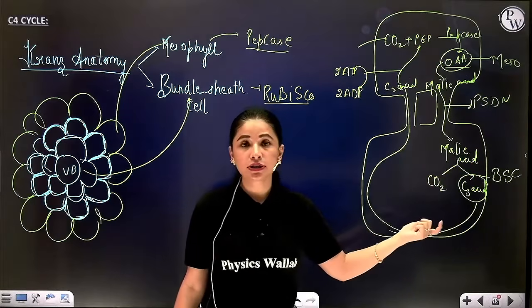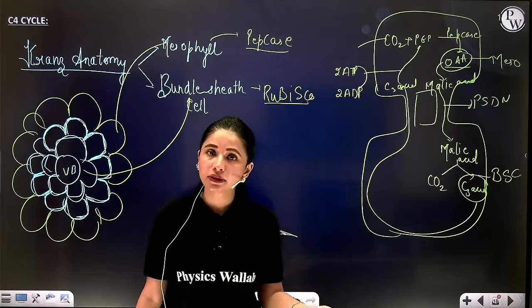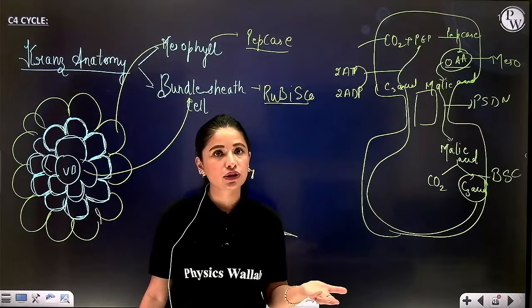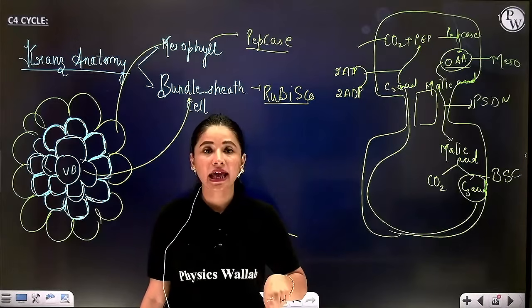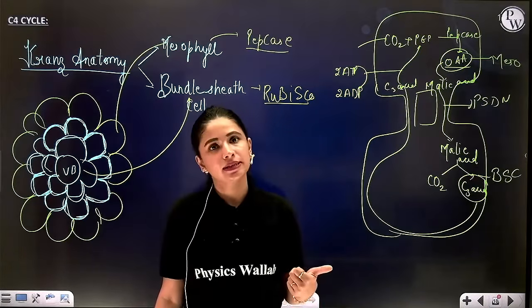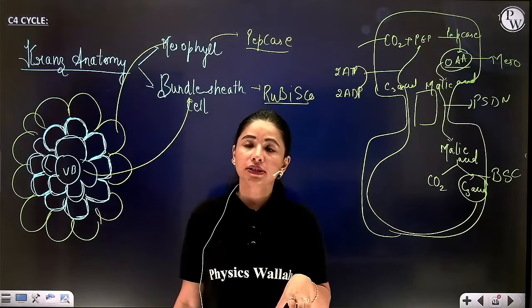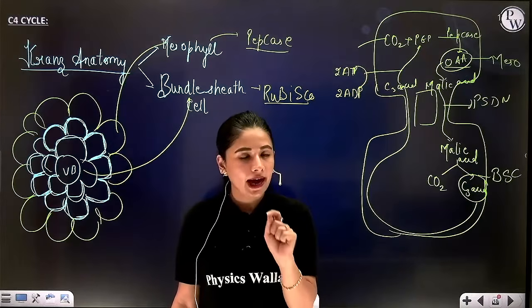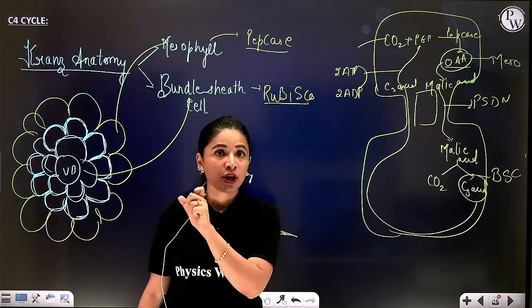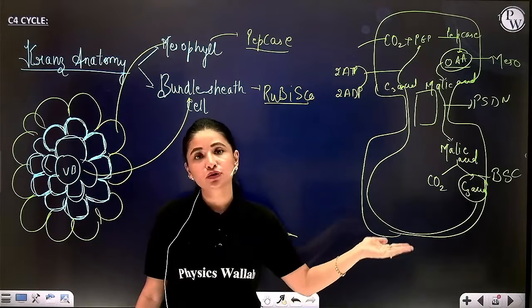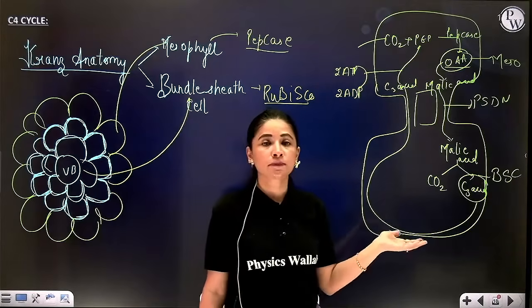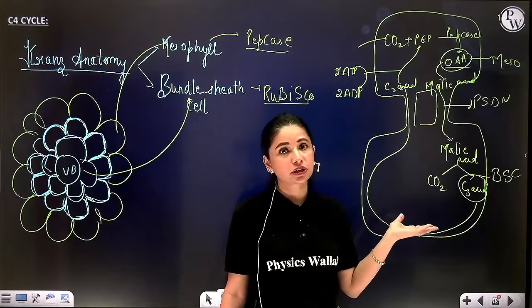The overall CO2 concentration in the bundle sheath cell increases, and this always helps to promote the C3 cycle. In the bundle sheath cell, the chloroplasts have the Rubisco enzyme.